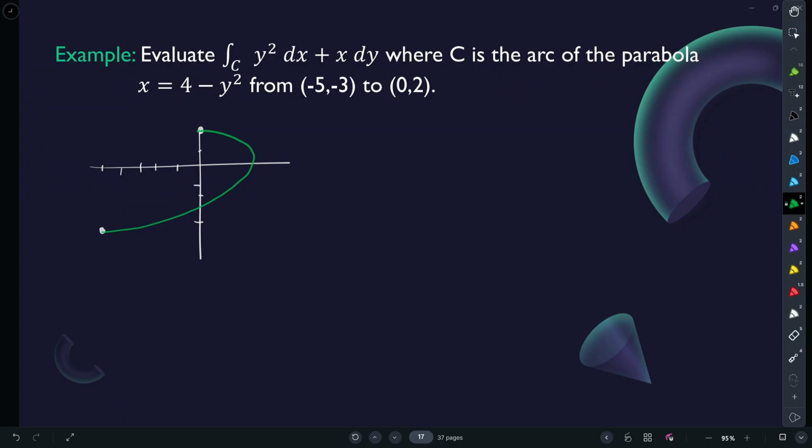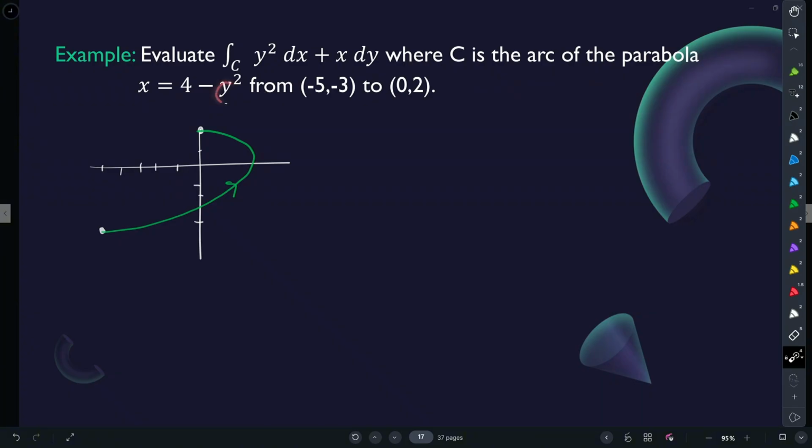Okay? So now I'm going to go in this path. So how do I parameterize that path? How do we parameterize this? The y coordinate is going from here to here, from -3 to 2.